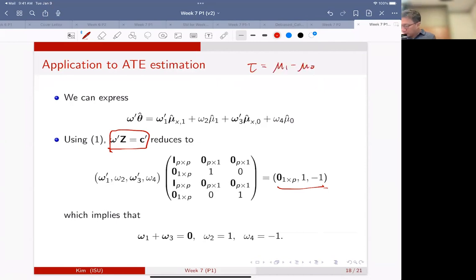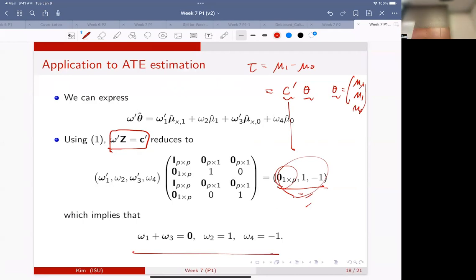So that means this constraint is C prime theta, but theta is mu x, mu1, mu0, right? So then C is this. And then you can obtain the constraint on the omega, which you can express.